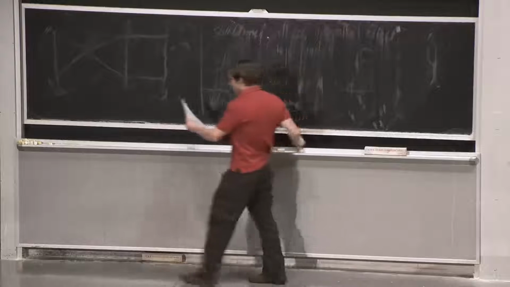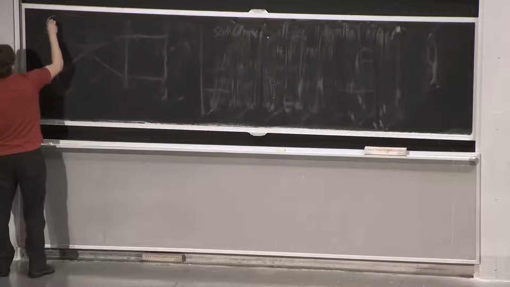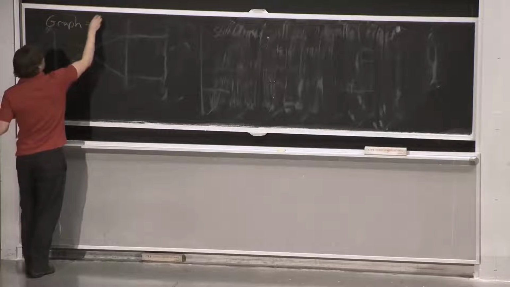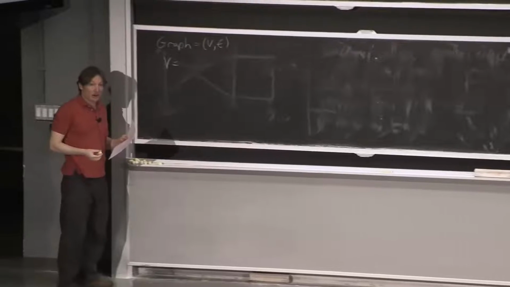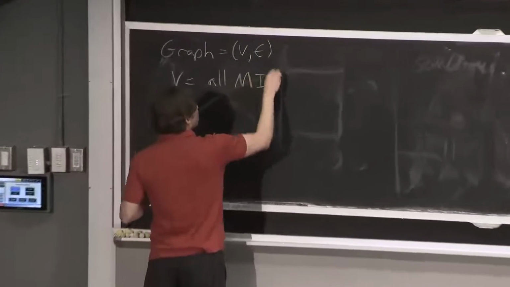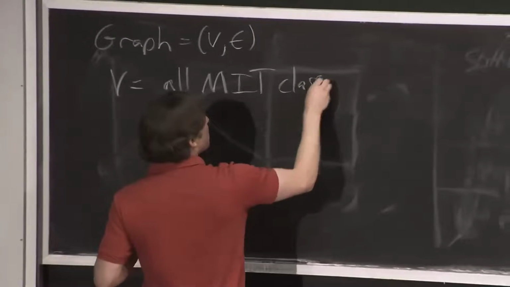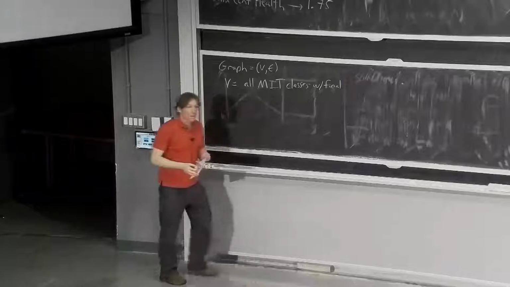So here's an example graph. Let's define the vertex set of our graph to be the set of all MIT classes with a final exam.